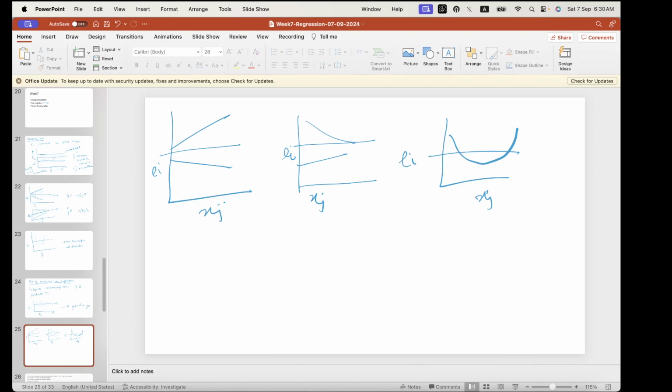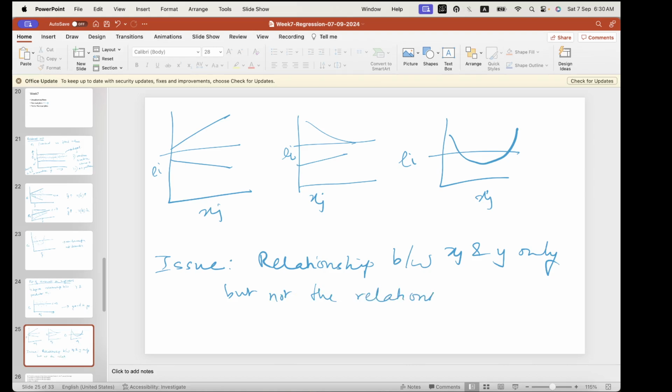Okay, but this one has one issue. This is only going to show a relationship between x_j and y only, but not the relationship when there are other regressors apart from x_j.